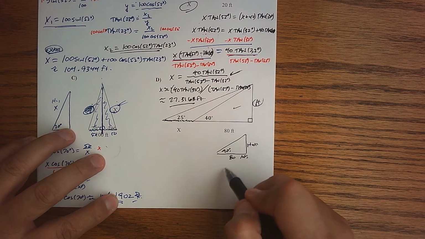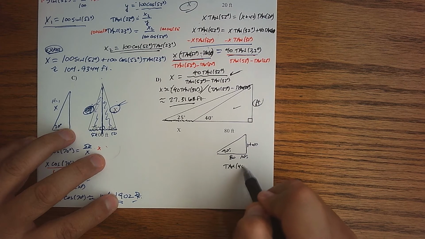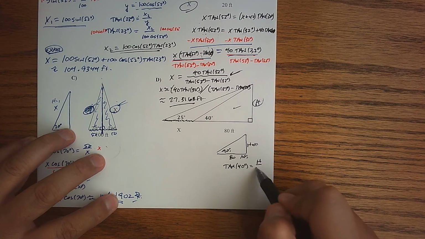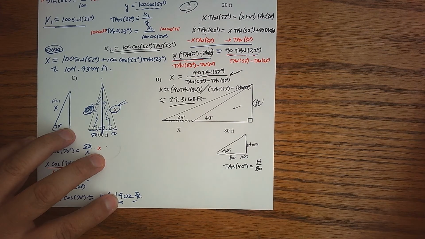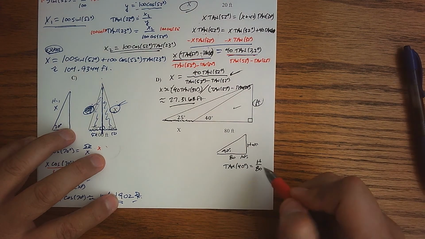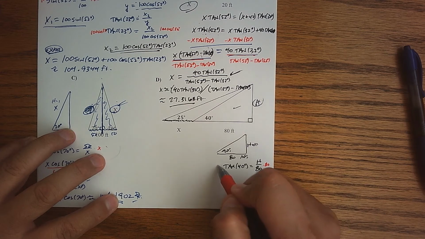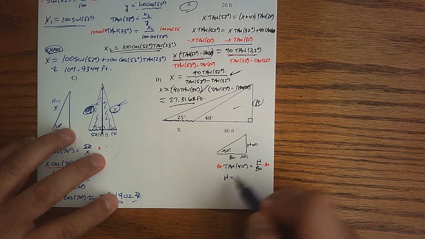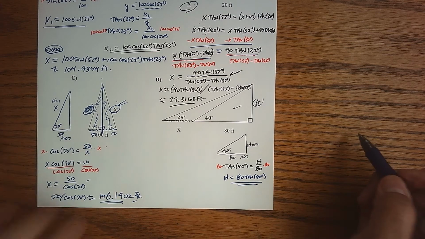So the tangent of 40 degrees is my opposite over my adjacent, which is 80. Multiplying both sides by 80, what we get here is that h is 80 times the tangent of 40 degrees. So there's our h value.